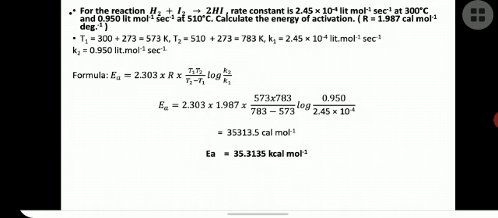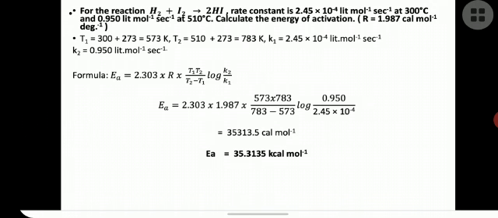Therefore, by substituting the above values in this formula, we get EA is equal to 2.303 into 1.987 into 573 into 783 divided by 783 minus 573 and log of K2 upon K1, that is 0.950 divided by 2.45 into 10 raised to minus 4.